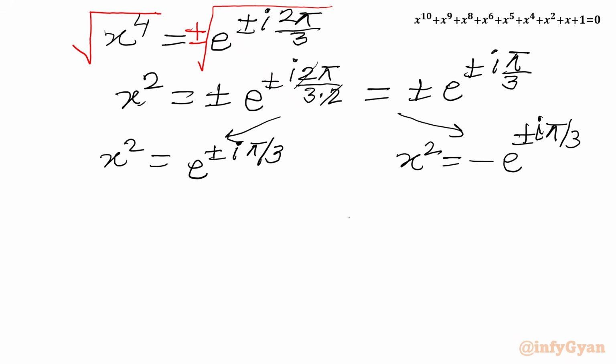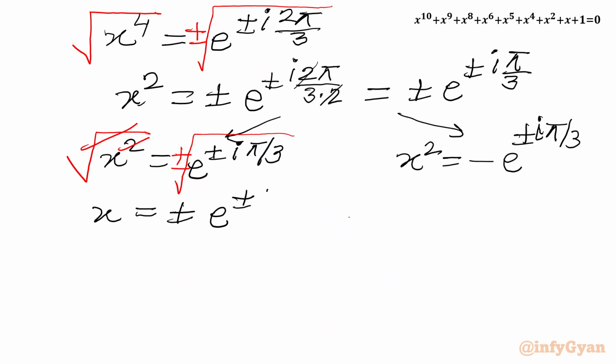Now we will take the square root once again. So I will write a square root symbol on the LHS and RHS. So we have to write plus minus also. The square root and the square will cancel this time. I will write x equal to plus minus e power plus minus i pi over 6.